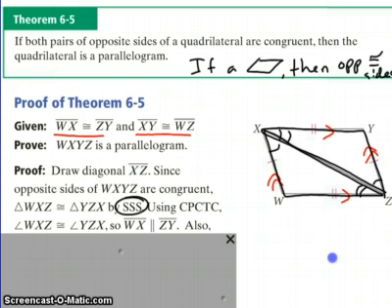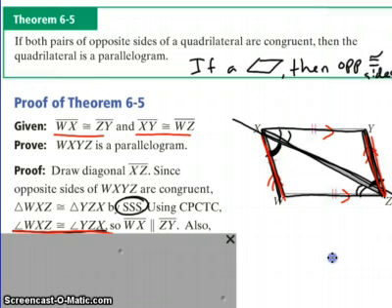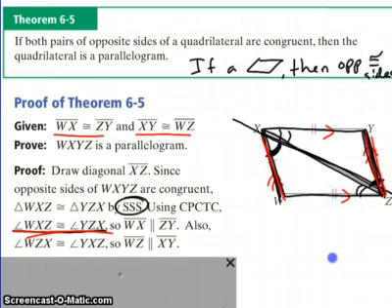And since the angles are equal, WXZ would be this angle right here and this angle right there. With this transversal, for this angle and this angle, I'm talking about these sides. So these sides are congruent based on these angles, and I can say the other sides are parallel based on those angles being congruent.